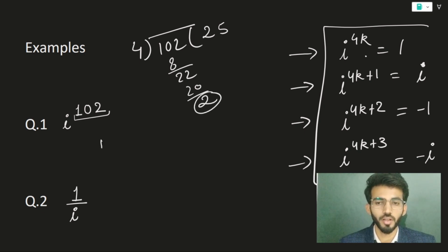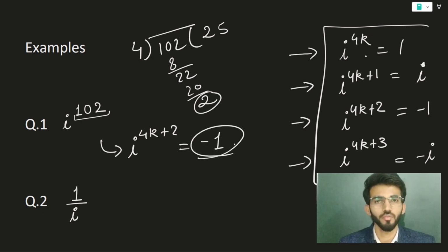So we can write it in the form of i to the power 4k plus 2, right? The value of i to the power 4k plus 2 is minus 1. Hence the answer is minus 1. Very simple. We just have to divide the power by 4 and get to the answer.